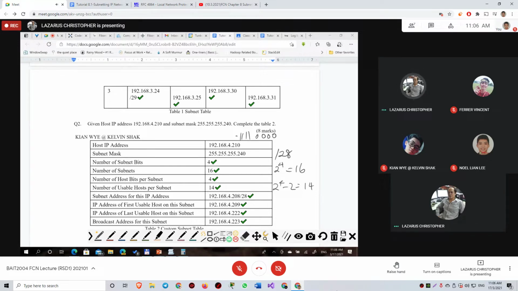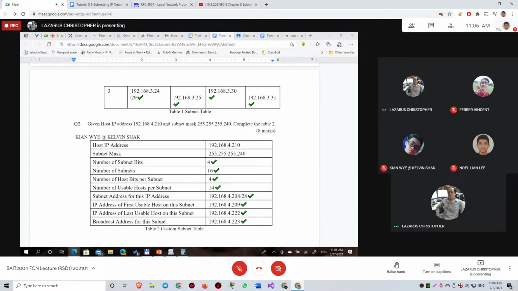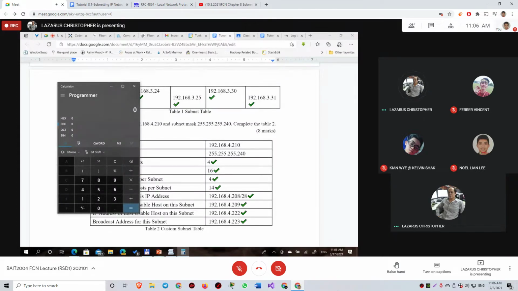The next 4, you have to work your way backward. The question is, what is the subnet address for this IP address? What you're given is the host IP address. How do we get the network address from the IP address? The easiest way is we do the ANDing. 210 is 11010010.